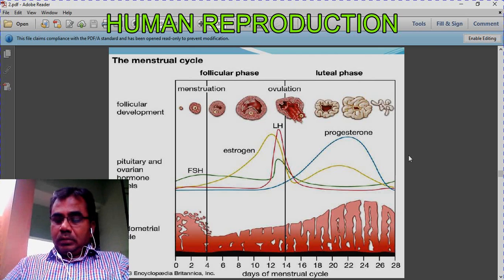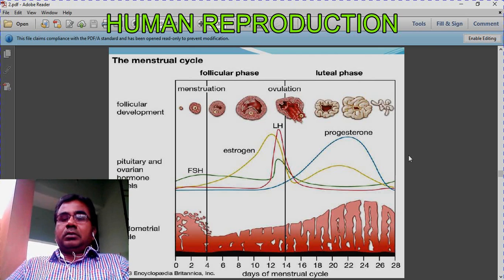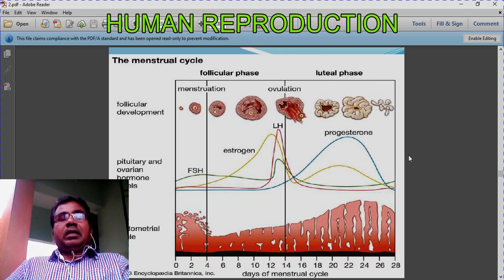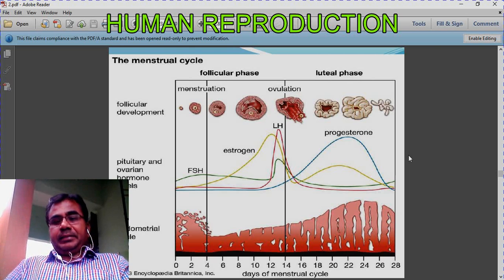Okay, that is enough about the menstrual cycle. You must know about the 4 phases of the menstrual cycle, and you must know about the periods. Okay, first 0 to 5, and then 5 to 14, and then the 14th day, that is the ovulatory phase, and after that the 15th to the remaining period is the luteal phase.